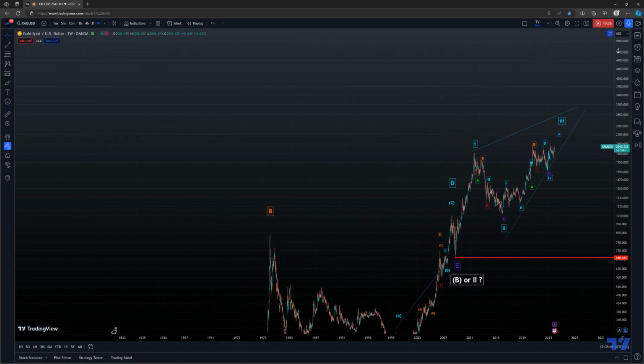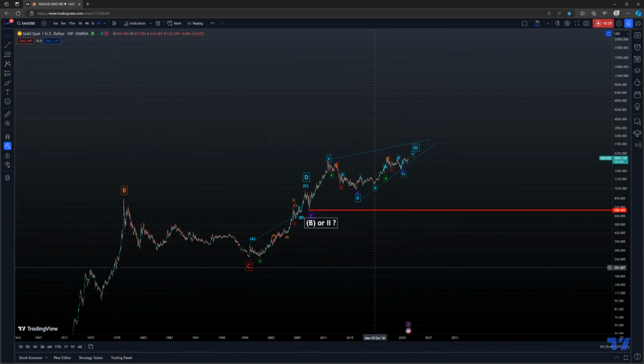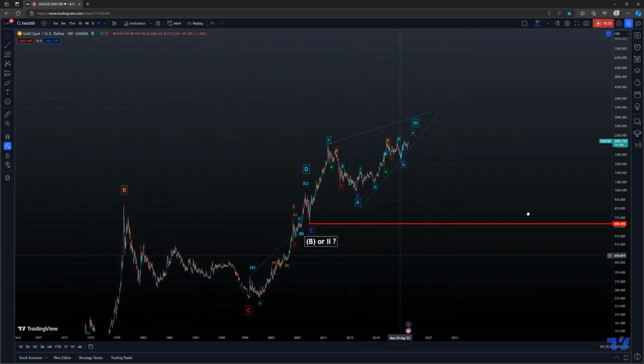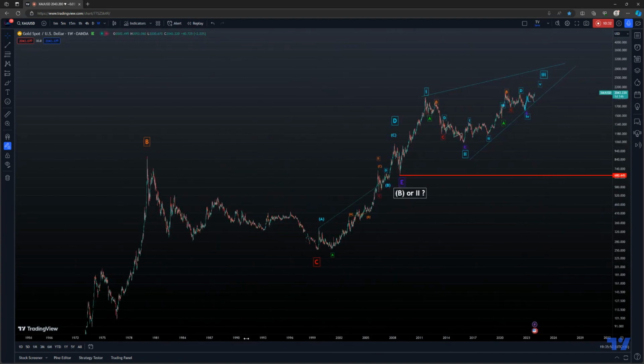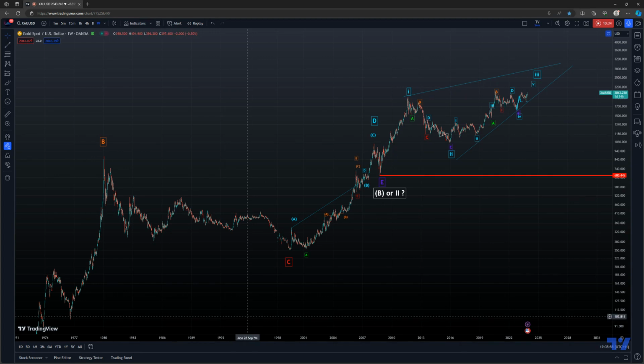Look, I'm not going to bother talking too much about these waves here because they look pretty sharp, especially from a weekly perspective.